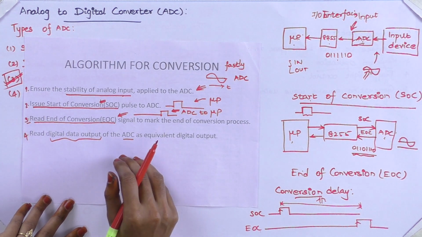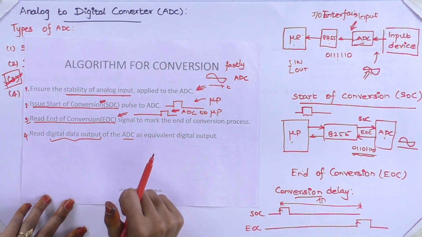So these are the four steps of analog to digital conversion. In your syllabus, we are going to see the IC 0808, which is an analog to digital converter. Now we are going to see its block diagram, the pin diagram of 0808, and how we can interface this analog to digital converter with the 8086 microprocessor.